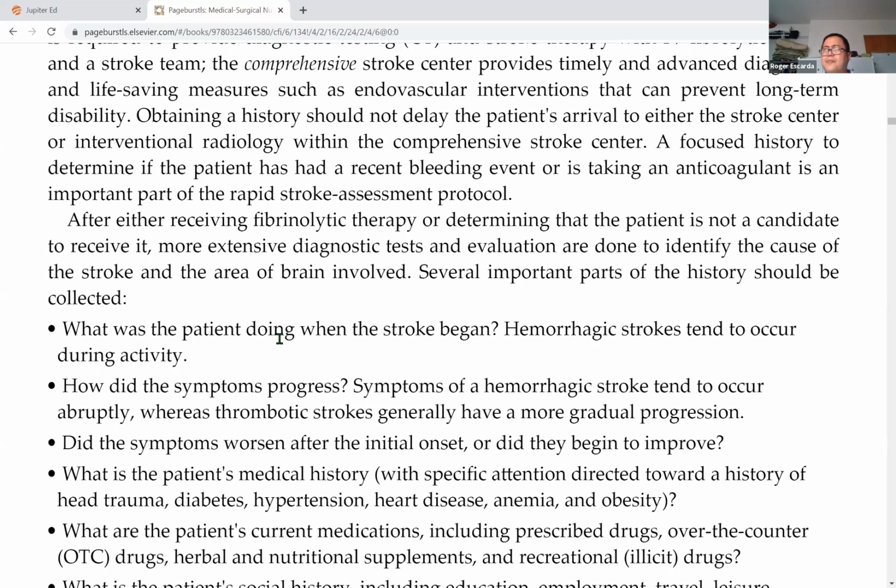A common concept in perfusion, which will be the same in ACS also when we go to chapter 38, especially here in stroke, is time is tissue. So we need to know, when did the symptoms occur, because that was when the patient started having decreased blood flow to the brain. Right, so we need to know how long has it been, when did the symptoms start, because that will determine our treatment.